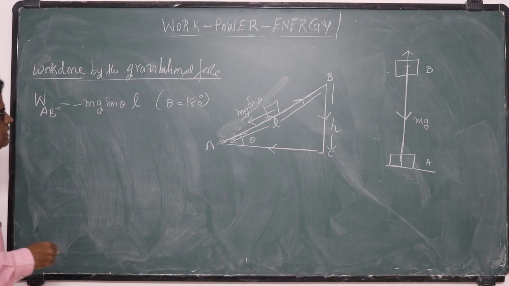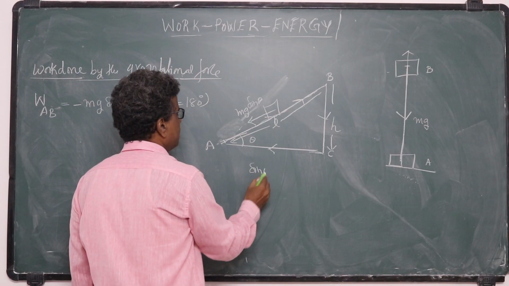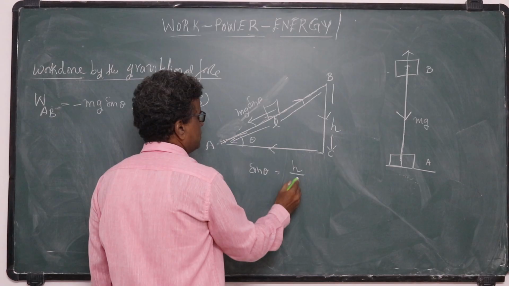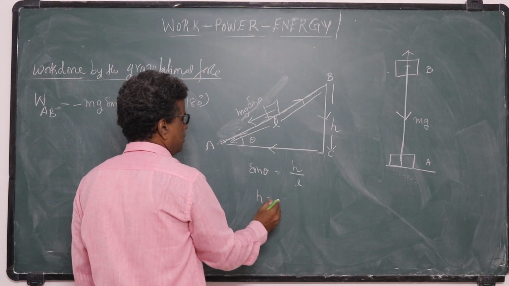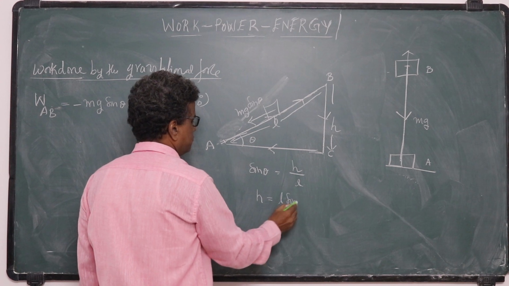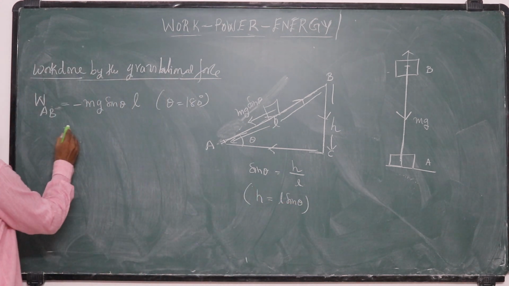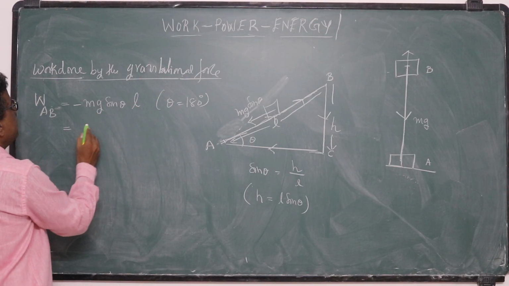From this diagram, what is sin theta? Sin theta is h by L. So h is L sin theta, from the triangle. Instead of L sin theta, can I write h?